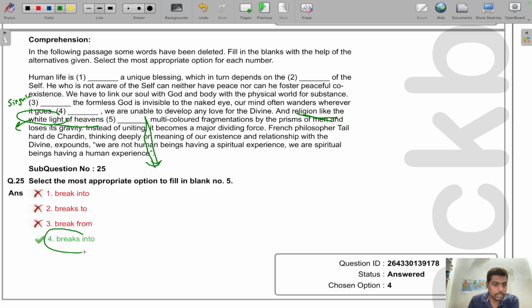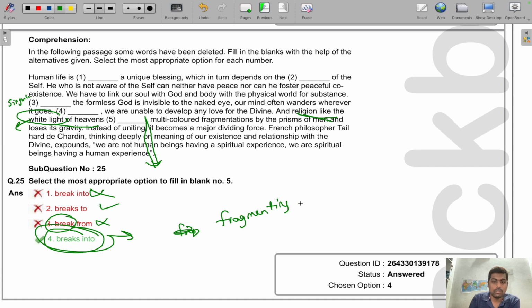"Breaks into", "breaks from" are singular, "break" is plural, this doesn't come, and "breaks" is singular, this can come, and "break into" is not possible. So "breaks into" actually means fragmenting into, I mean dividing into. So this is the most appropriate, guys. Because it will break or fragment into multicolored fragmentations. So that's the meaning of this one. "Breaks to" doesn't come here.